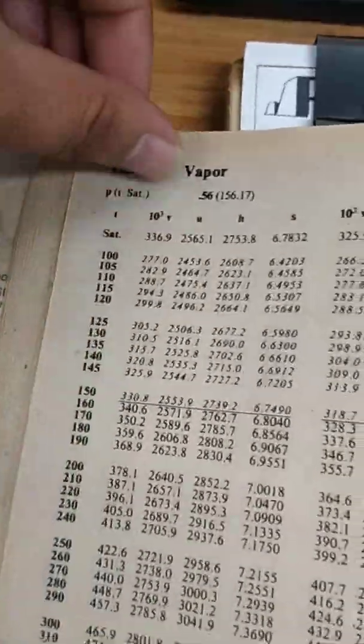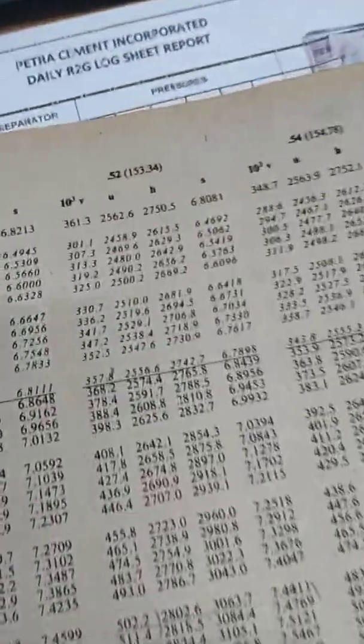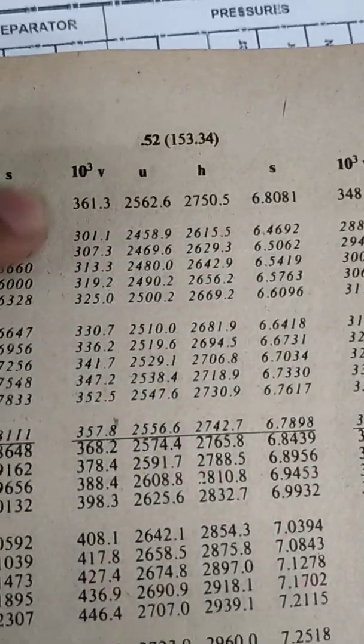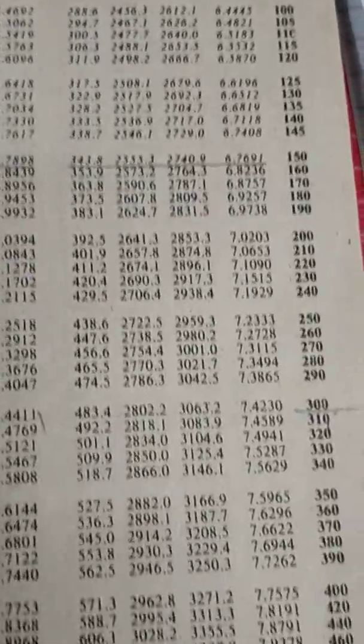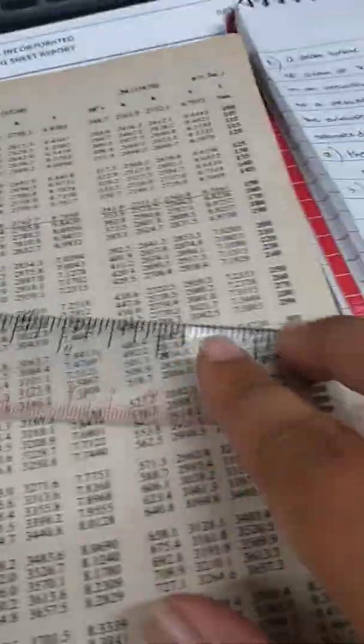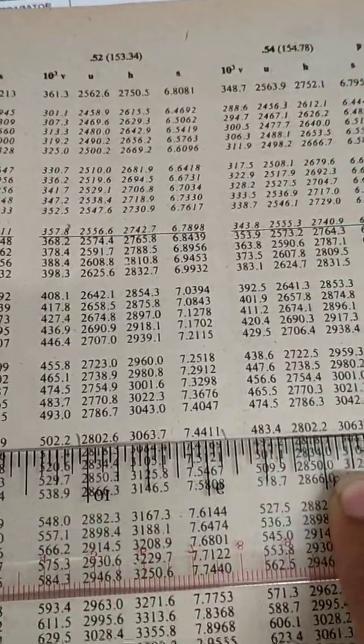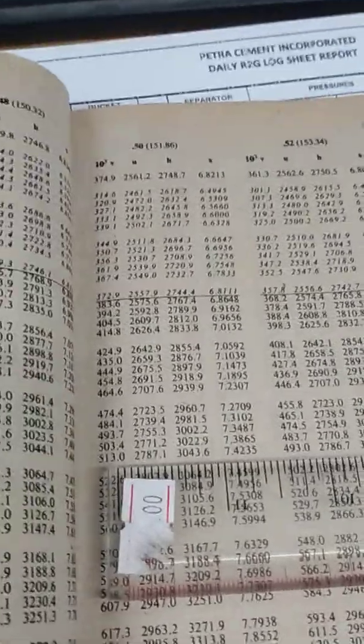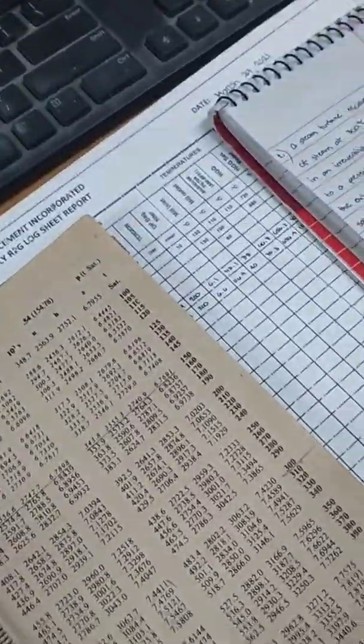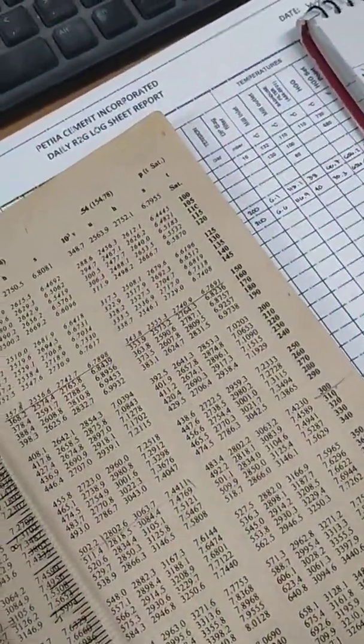Locate 0.52, then 300 degrees Celsius, and that is the equivalent. You will have to write down all the values. It is automatic, no need to interpolate, because the temperature is given.